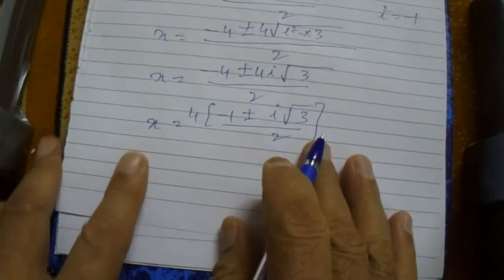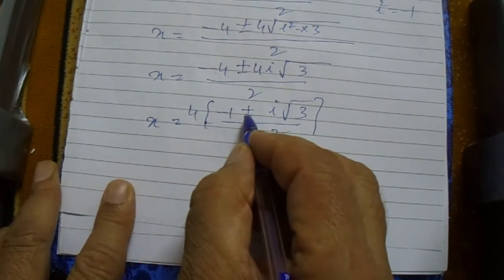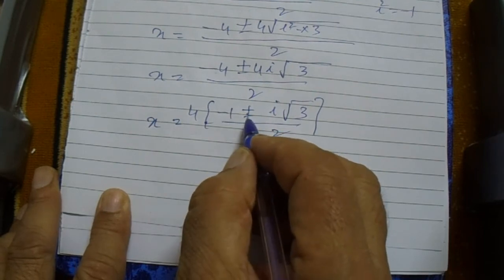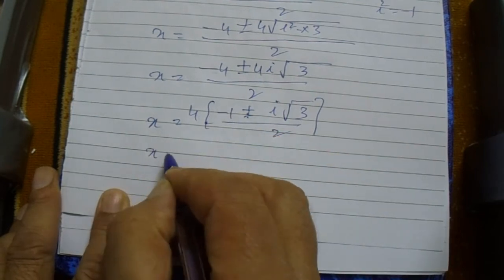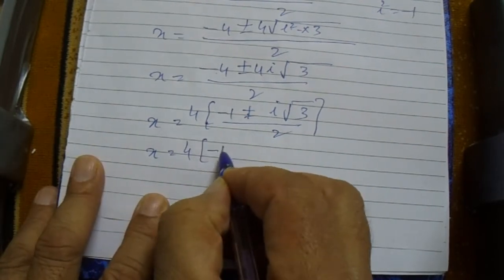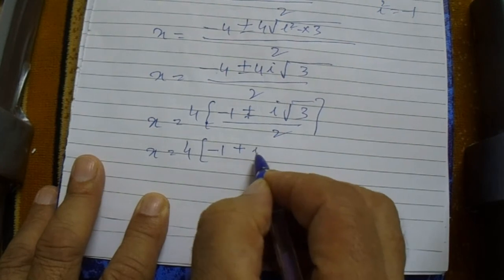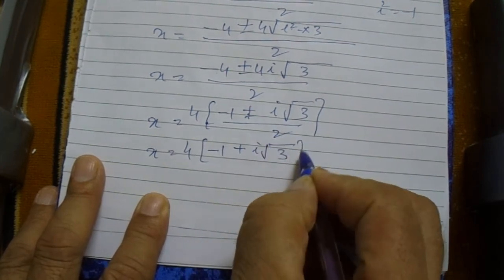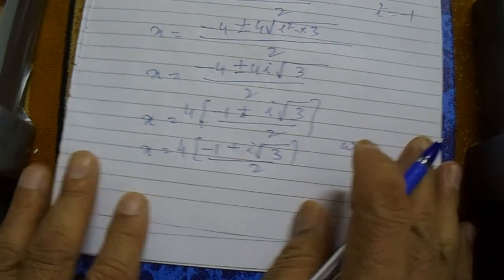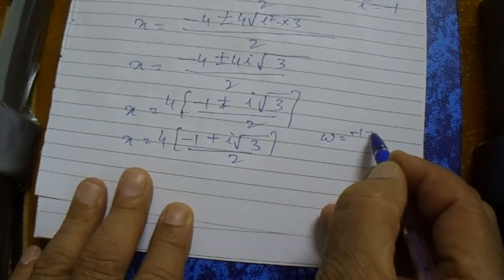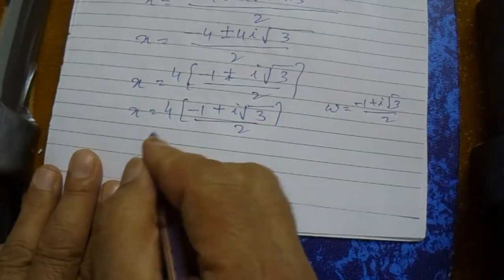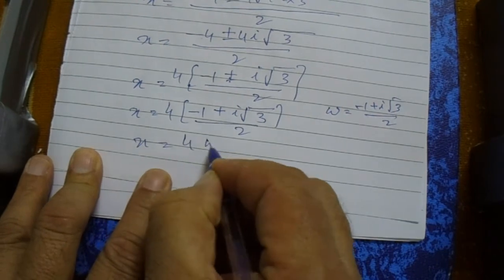Now in the first, plus, it will be equal to omega, and with minus we write omega square. Now x is equal to 4 into minus 1 plus iota root 3 over 2. Now this is omega, minus 1 plus iota root 3 over 2. So we write x is equal to 4 omega.